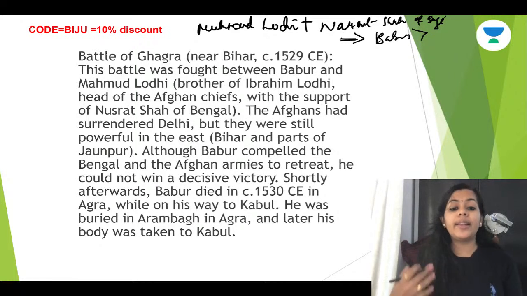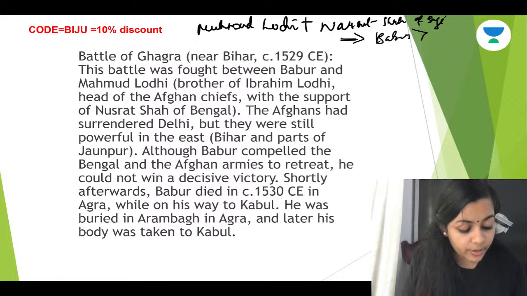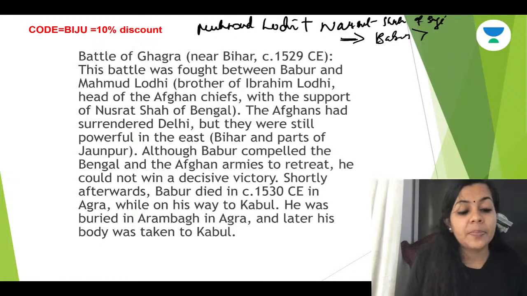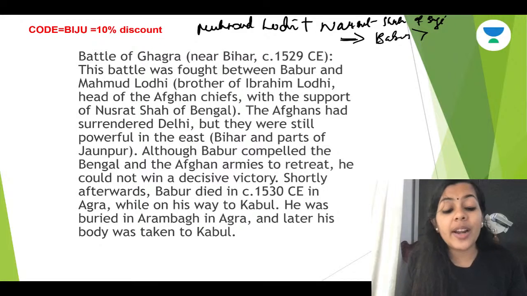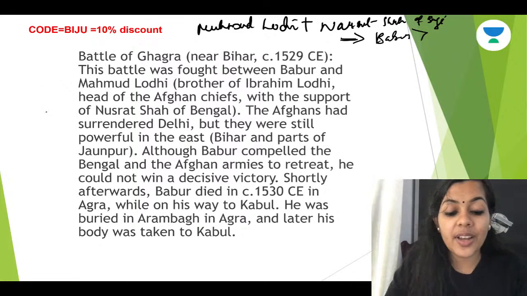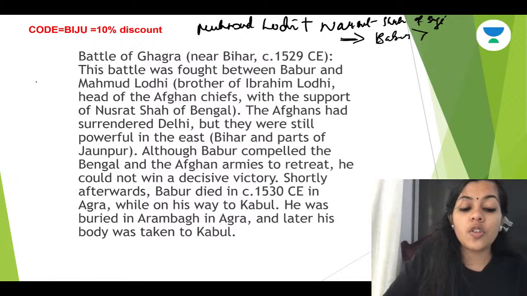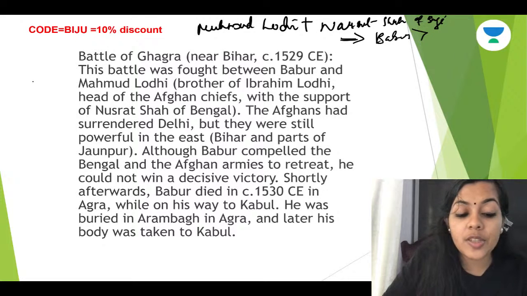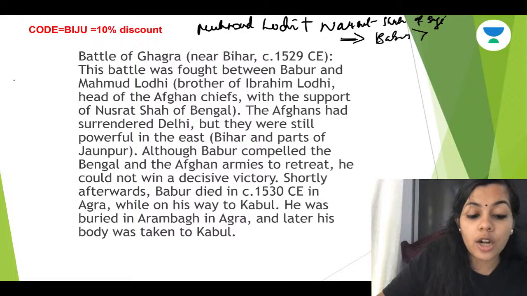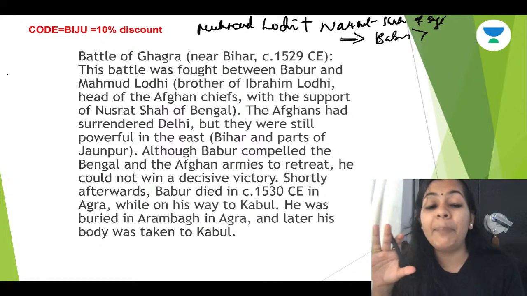They got strong support and fought. Babur crossed the river and compelled the forces of Bengal and the Afghan armies to retreat. He was not able to win a decisive victory, meaning a complete victory.